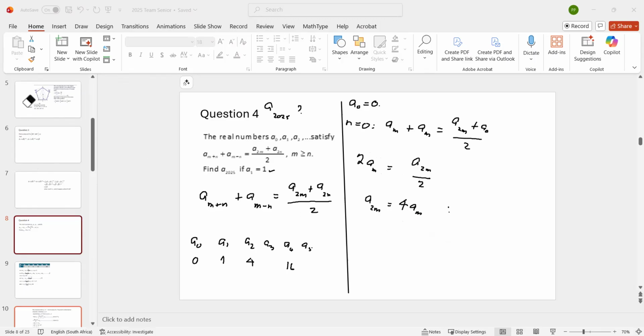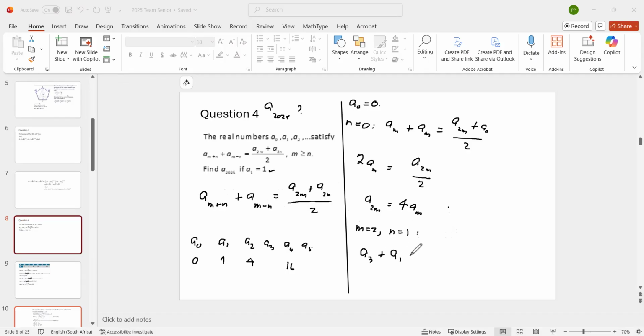Now, how do I get a_3? I can make m equals 2 and n equals 1. That will give me a_4 and a_1, both of which I know. So let's make m equal to 2 and n equals 1. Then I've got my a_3. So a_3 plus a_1 equals a_4 plus a_2 all over 2.